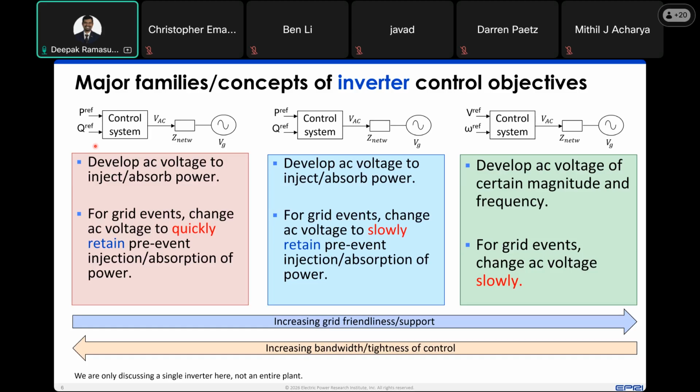And even if there is a slack bus, there are different likelihoods that voltage will collapse, and different likelihoods that the angle swings will be too much, and so on. So if you have a majority of buses in your power flow solution as PQ buses, then when you apply a contingency event, let's say a line outage, it's more than likely that the power flow solution will not converge.